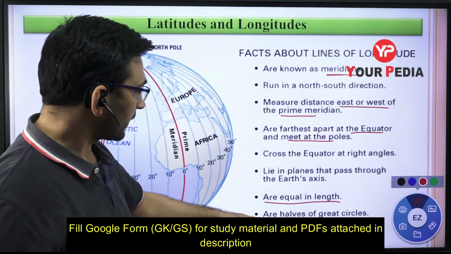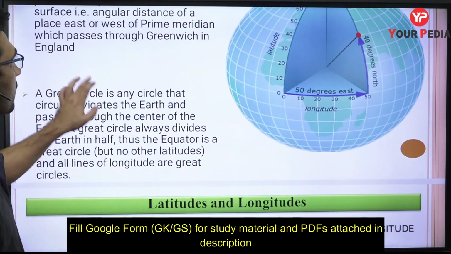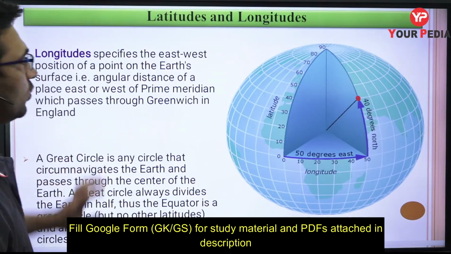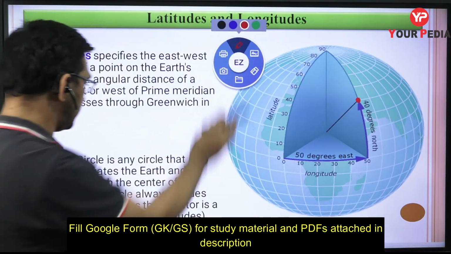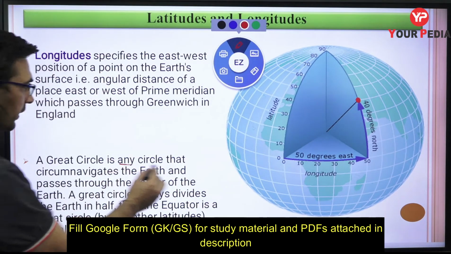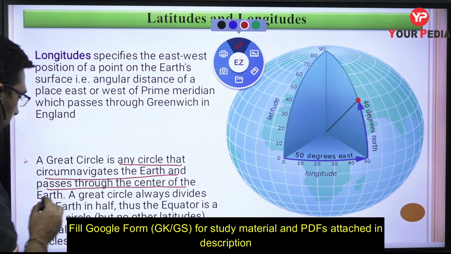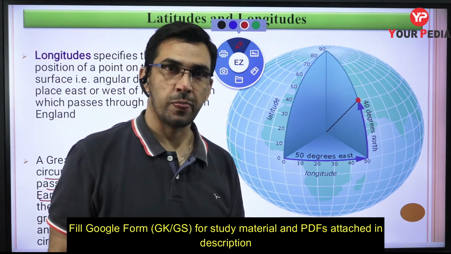And all these circles, look, are called great circles because they divide the Earth into two halves. Any circle that circumnavigates the Earth and passes through the center of the Earth is called a great circle, right?